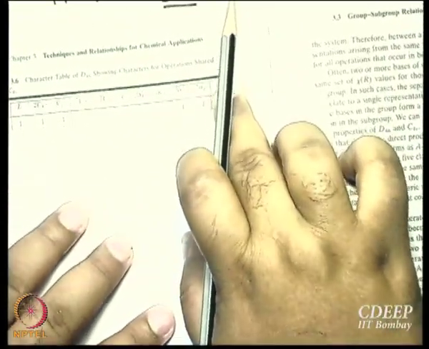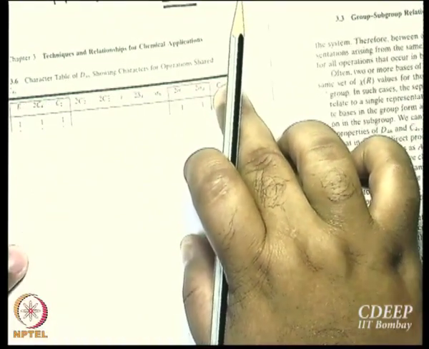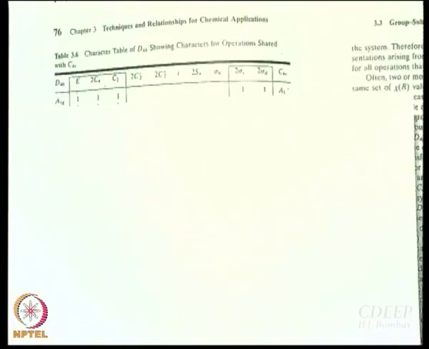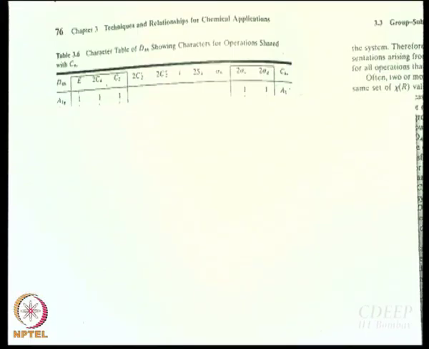Now if I look at these lines, so what are the characters? 1 1 1 1 1 1, it has to be A1, right. So see, what was A1G in D4H becomes A1 in C4V. Okay. So I have what is called a correspondence.